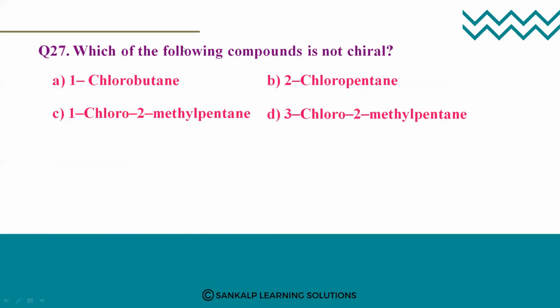So we'll see some questions now. Which of the following compounds is non-active? That is, not chiral. Not chiral means all the carbon atoms' groups are not different. Chiral means all four groups or atoms attached are different. Which among the following is not chiral? It means at least one will be the same.